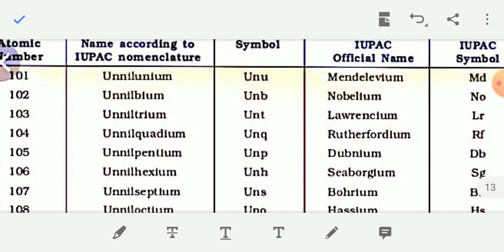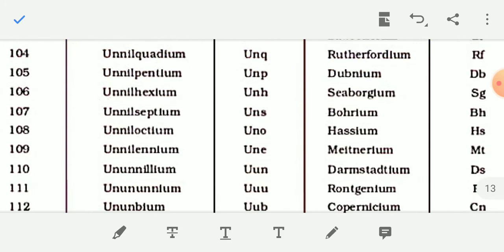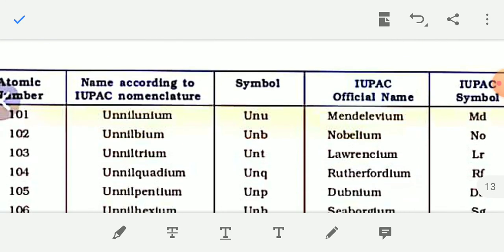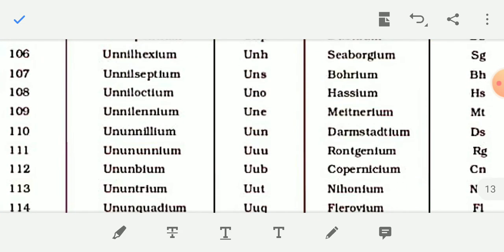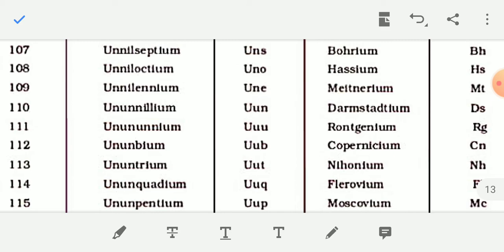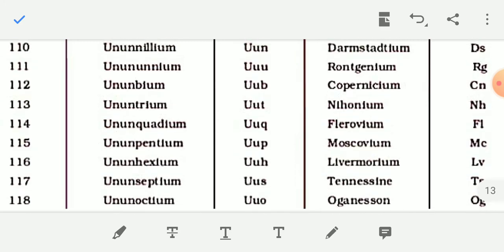Similarly, for 102, unnilbium, the official name is nobelium, symbol No. 103, unniltrium, symbol Unt, and the official name is lawrencium. Like this, there are some official names also. All are given. Just see. Thank you, students.